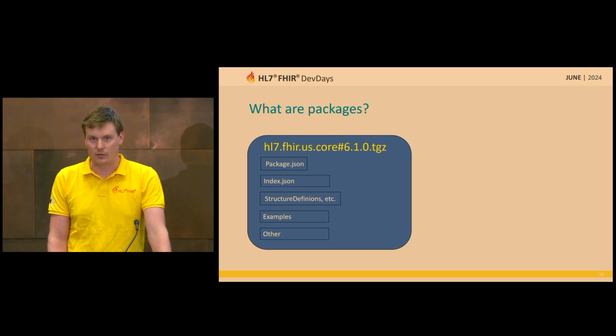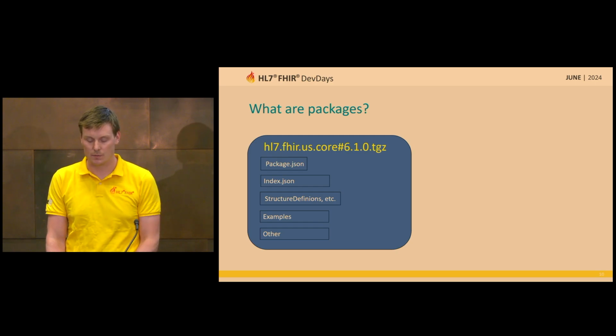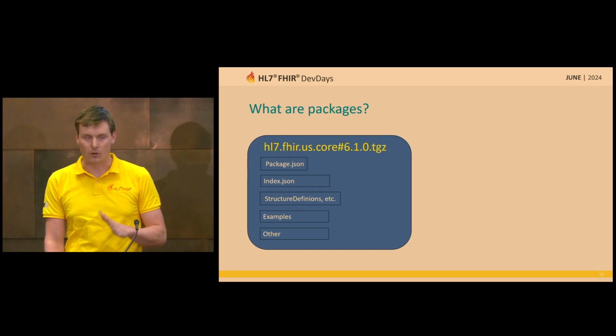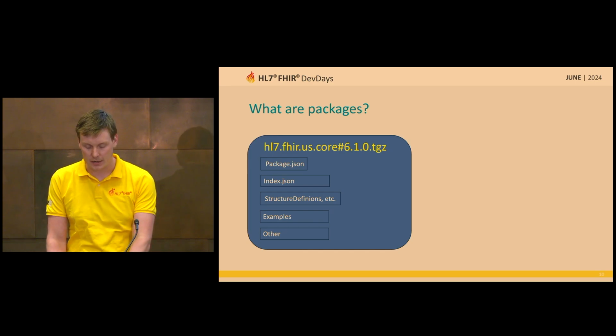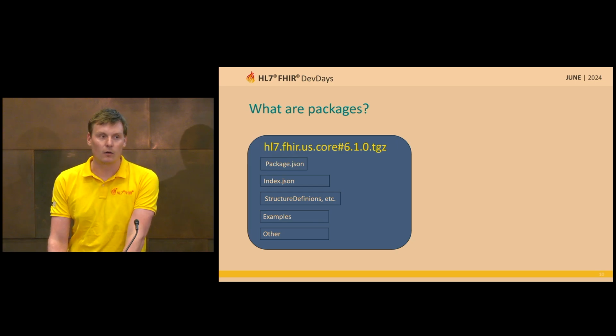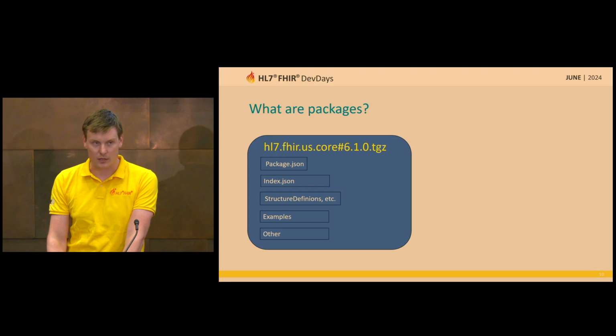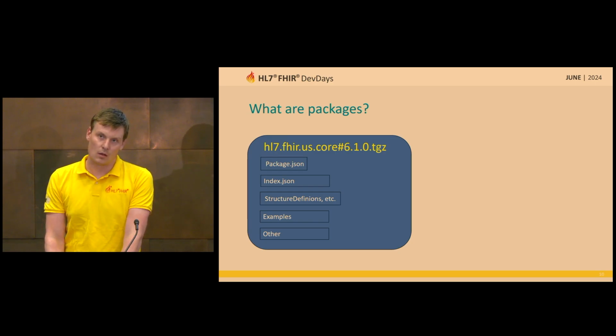Inside of it there's always a package.json. It's a manifest file containing metadata about that package. I'm going to talk a little bit more about that later. It will have an index file describing everything that's inside that package and how you can easily resolve it. And it would have all of the conformance resources that you actually described.